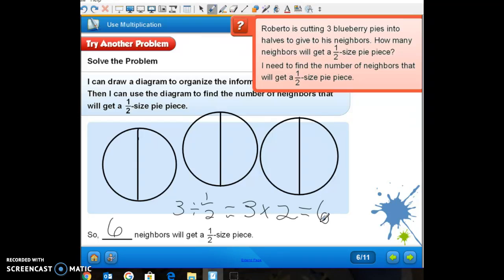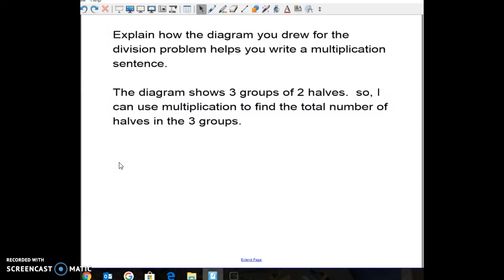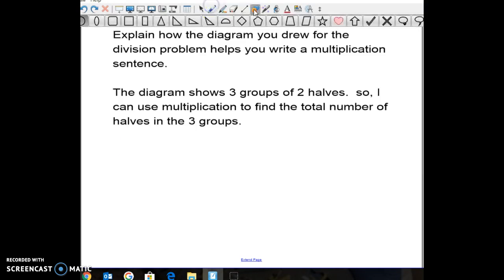Now the explain at the bottom of the page says explain how the diagram you drew for the division problem helps you write a multiplication sentence. The diagram showed 3 groups.